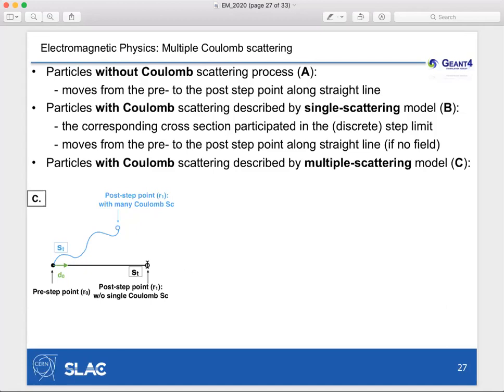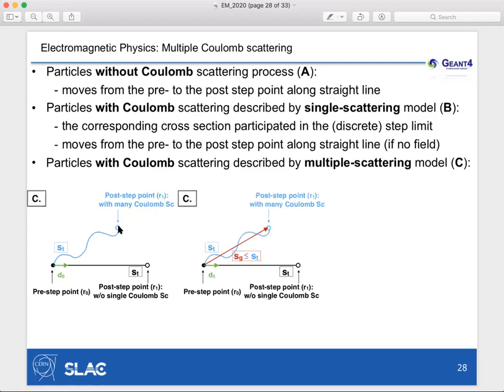As I mentioned, we let the particle move much further, but then we need to take into account that many Coulomb scatterings happened during this step that we did not model so far. So eventually the particle would move, for example, along this blue trajectory if we included all the Coulomb scatterings.